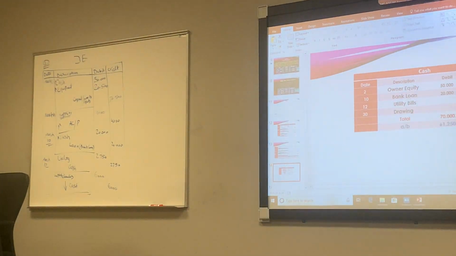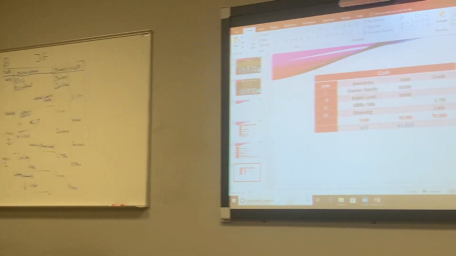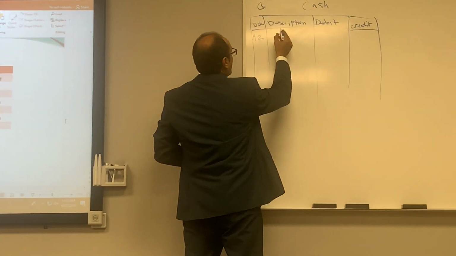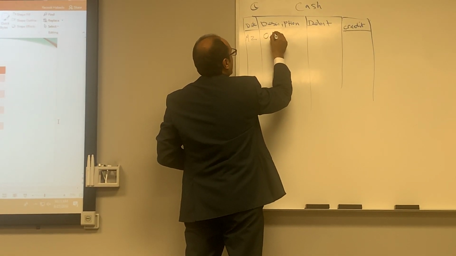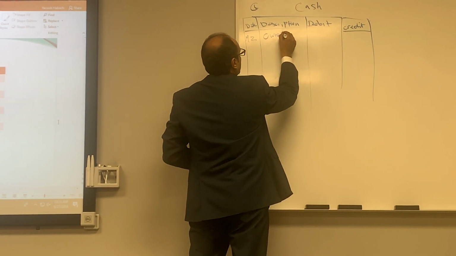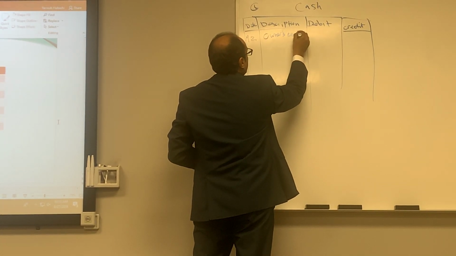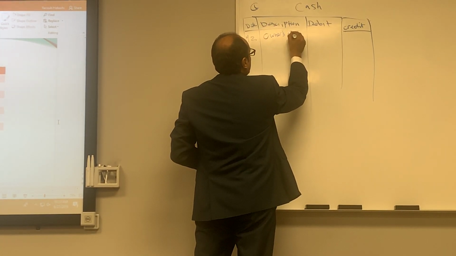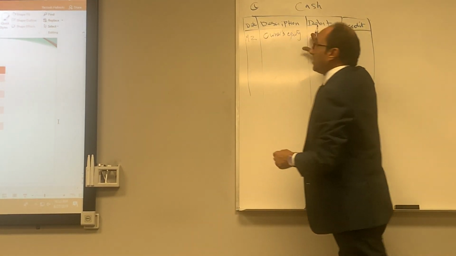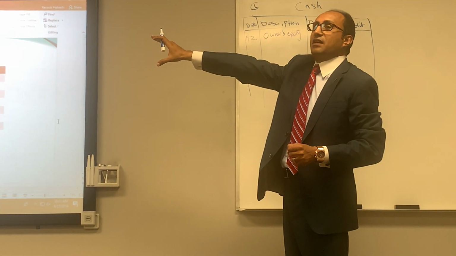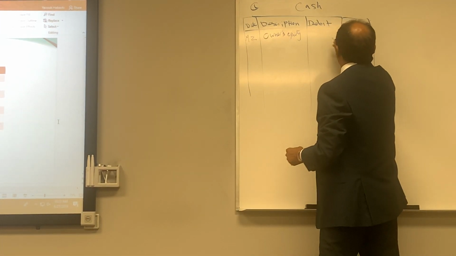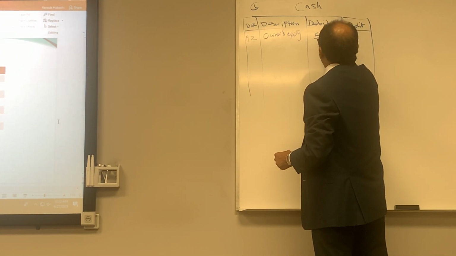Here, cash, March 2, record owner equity, and on the debit side, as I told you, copy $50,000 from cash.